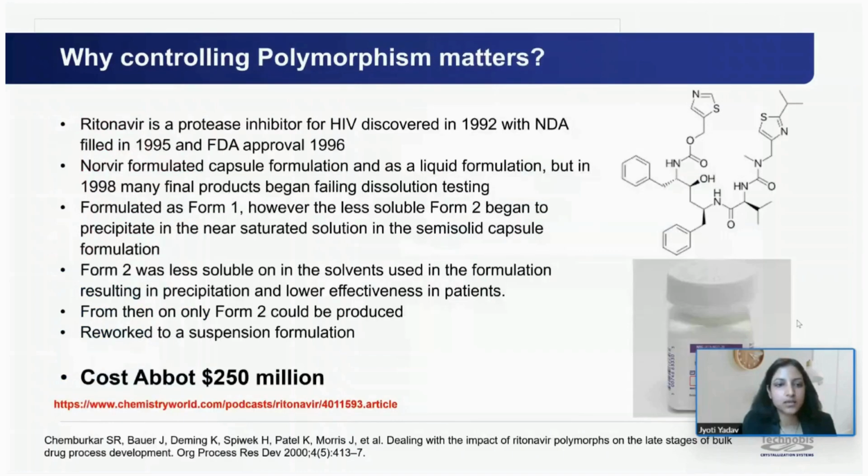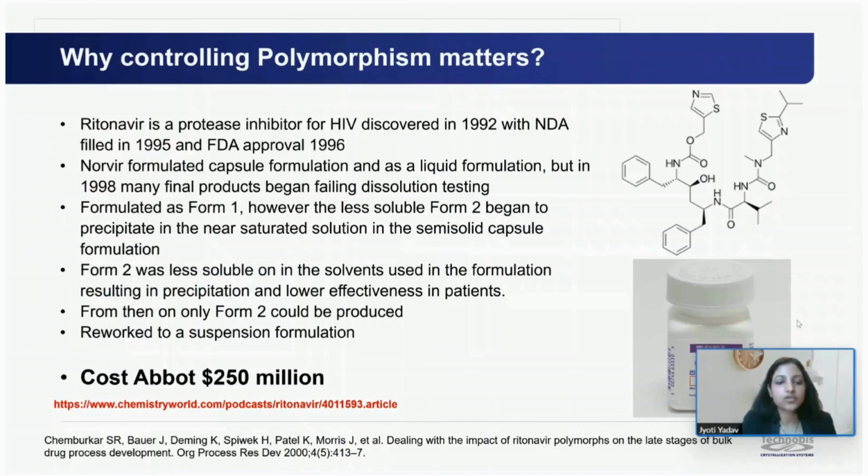So this is a famous example of Ritonavir. Ritonavir is sold under the brand name of Norvir, which is a medication used for the treatment of HIV or AIDS. For normal formulation, form 1 was formed, but later the less soluble form 2 began to precipitate in the saturated solution in the semi-solid capsule formulation.